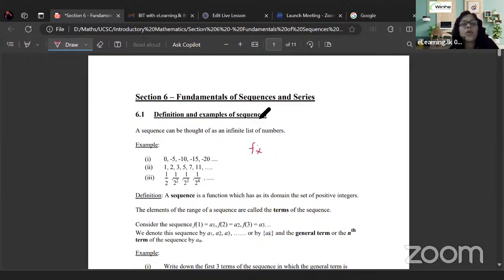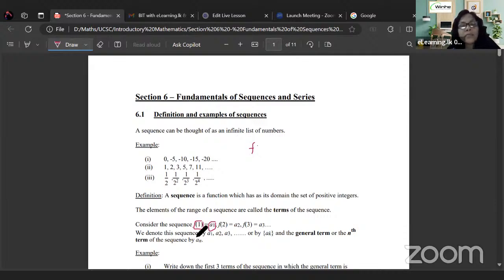When x is 1, you can write f(1). The value of the function when x is 1 is equivalent to a1. When you consider the first value, we can represent it as a1.